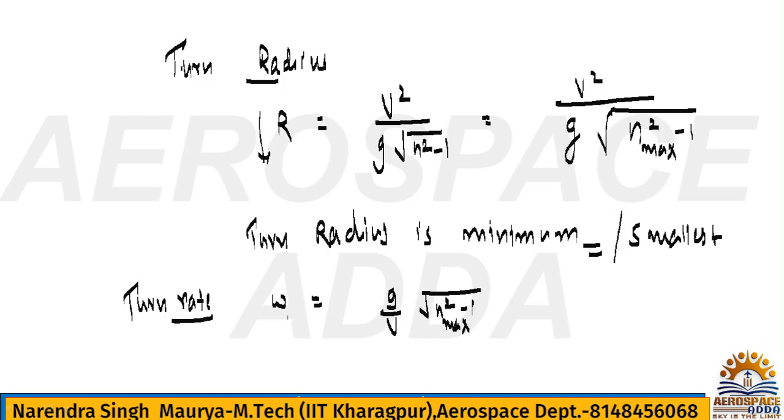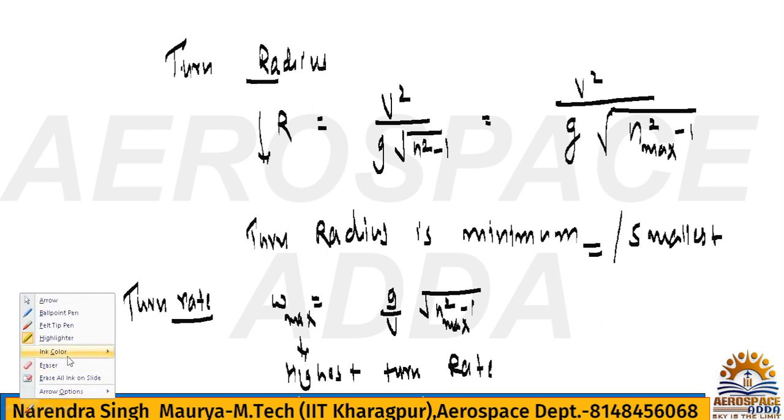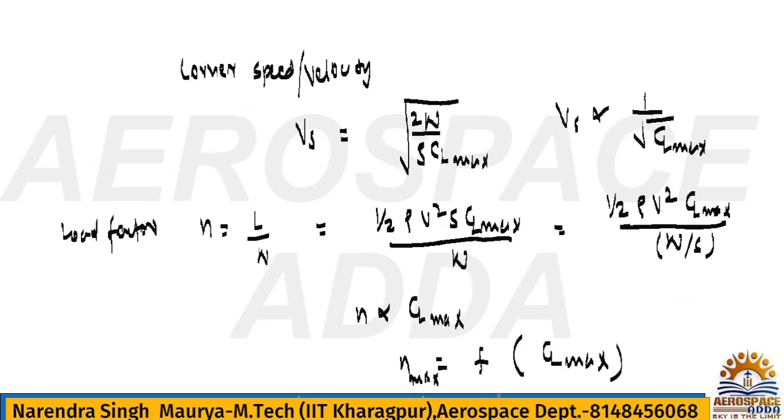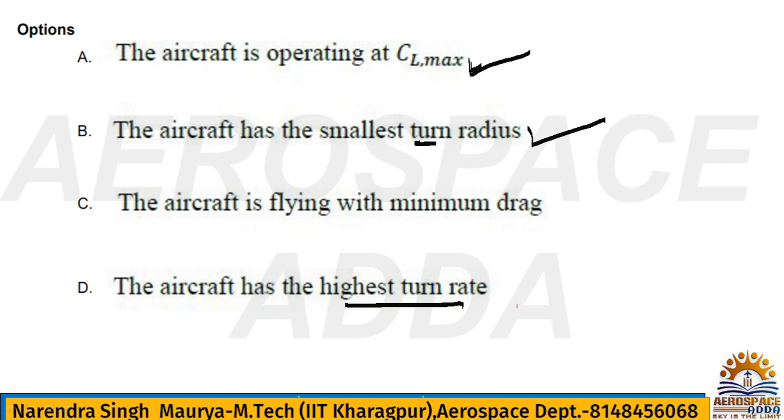So the load factor is maximum, hence the turn rate will also be maximum. It means highest turn rate at point Q. And guys, please remember this directly. I'm not writing this formula. These are turning flight formulas, all of which I had discussed. Check the notes. Here also this is in turning flight, no? Okay, so highest turn rate at point Q. This aircraft has the highest turn rate. This option is also correct.